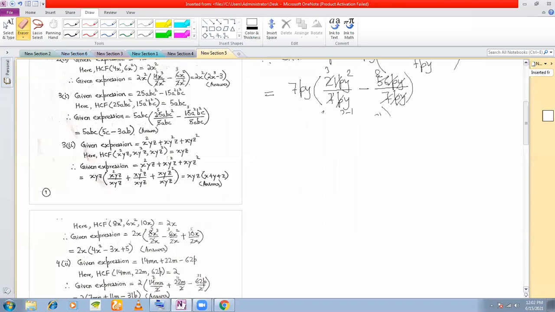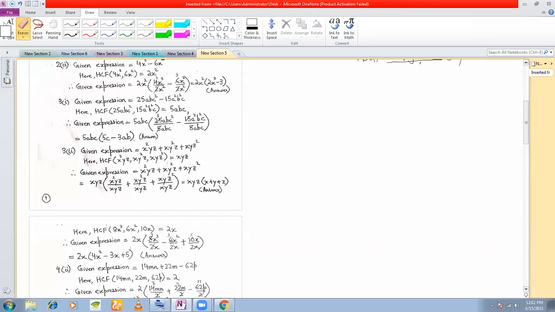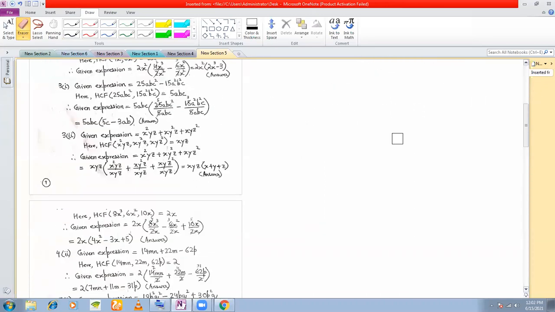No, sir. Let us move on to the next part. 3(2), which contains 3 terms in the expression. So given expression here is x square yz plus xy square z plus xyz square.